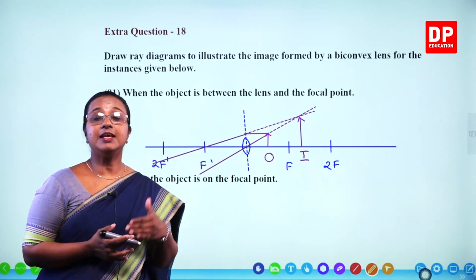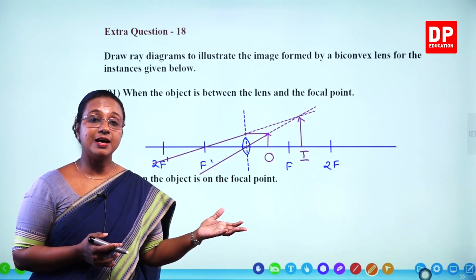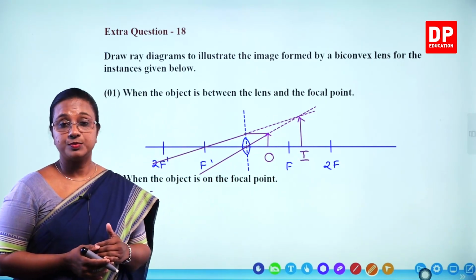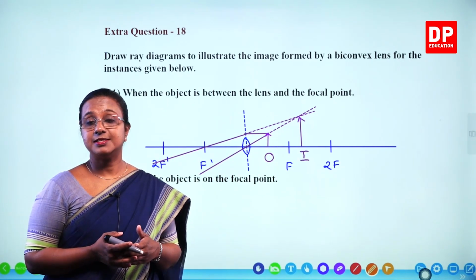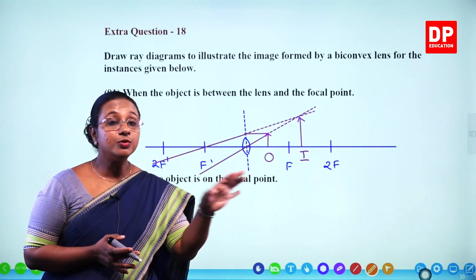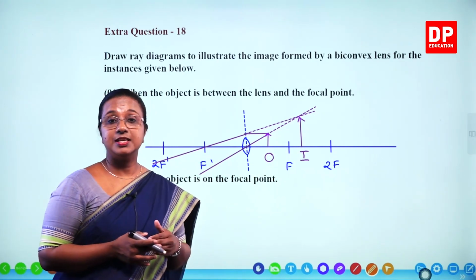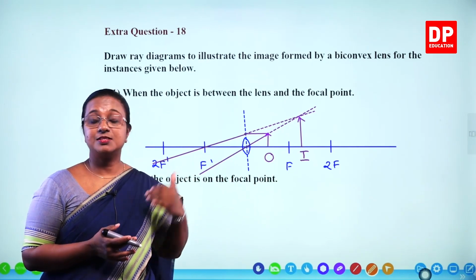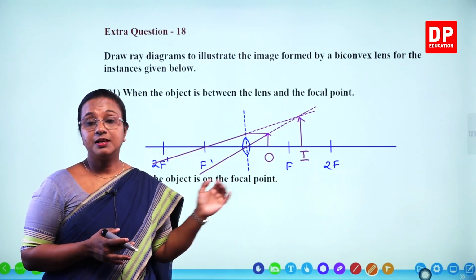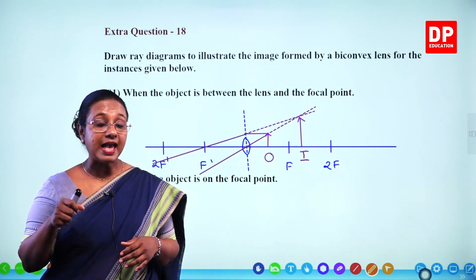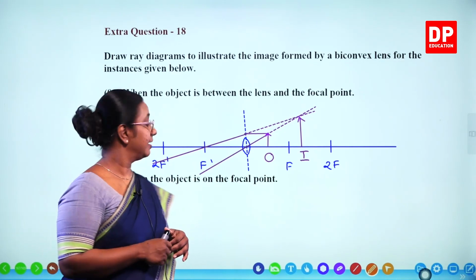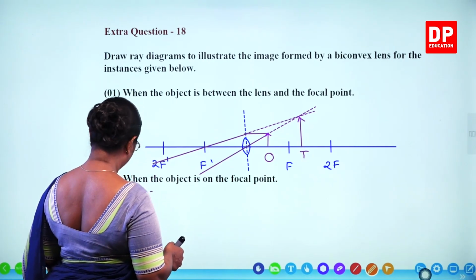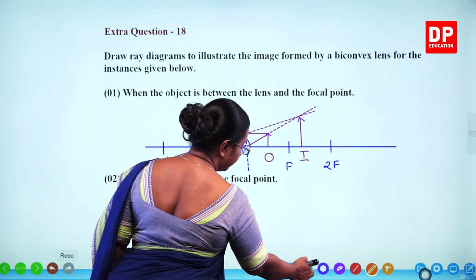You can see it's an upright, enlarged virtual image further away from the object on the same side as the object. So you have to look through the lens to see this image. And you know where we use it. We have discussed many times in the previous questions. The hand lens or the magnifying glass. So with that, I will move on to the next one.